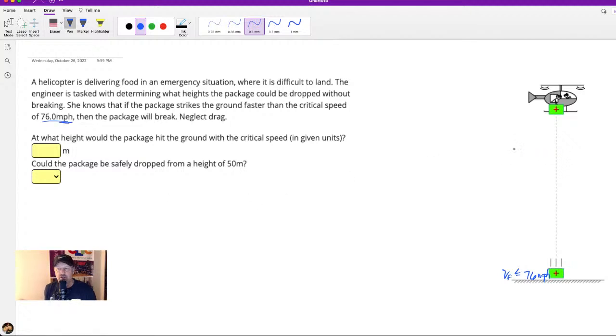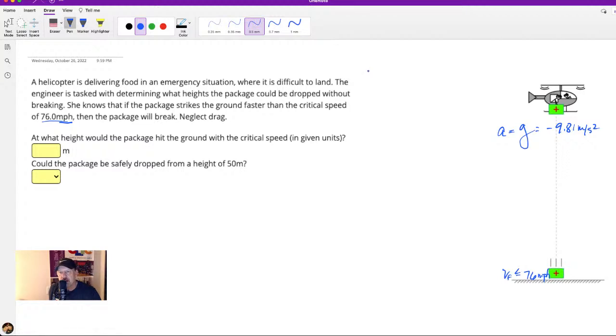And in the physics world, we are looking at things in terms of gravity. So the acceleration for this dropped object is equal to g, and that's equal to negative 9.81 meters per second squared. Okay? So, since we have meters and seconds here, and miles per hour here, I'm going to show you a really cool little trick.